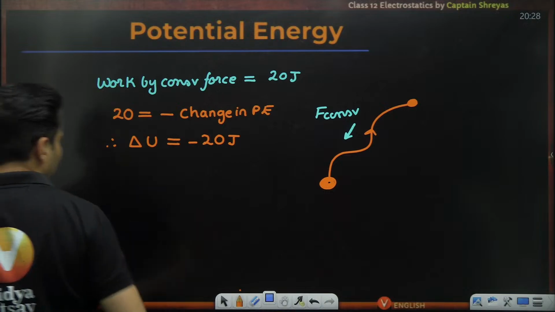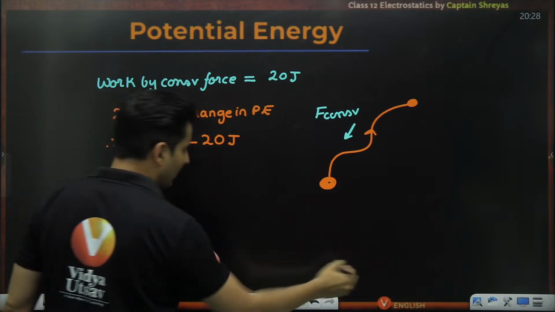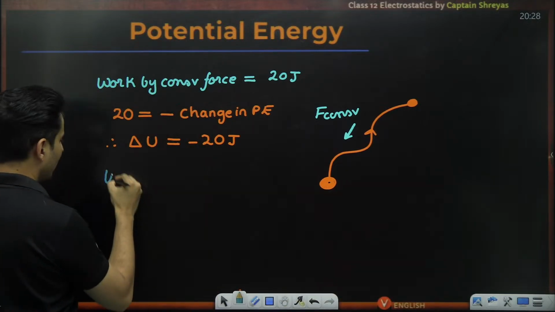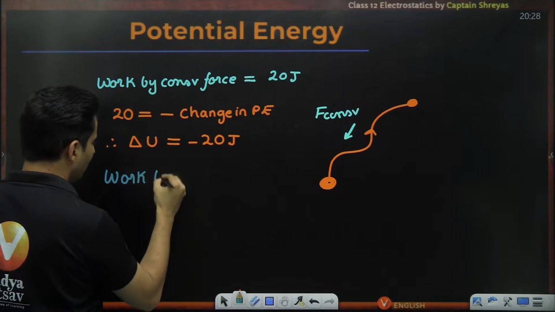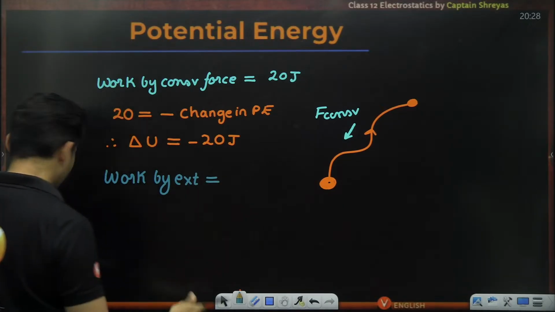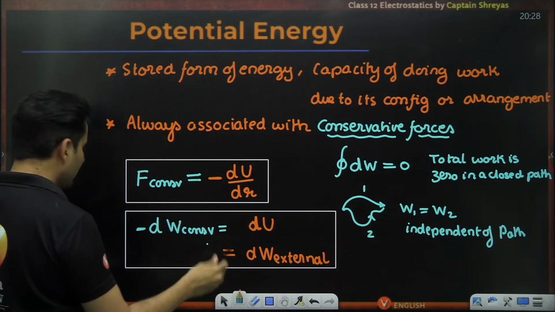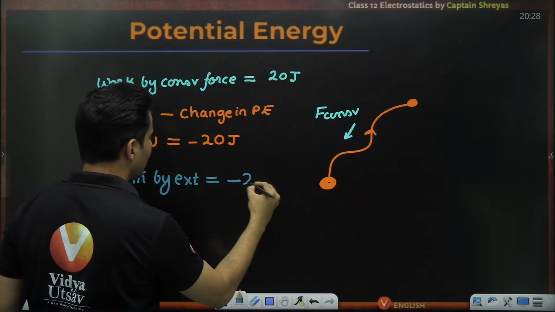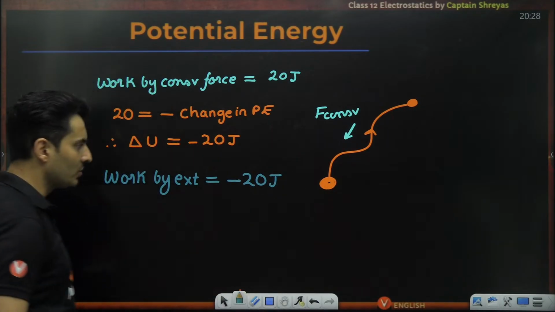So, my dear warriors, in case the question was, what is the work done by the external force? The work by the external force is exactly the change in the potential energy. That means it will also be negative 20 joules.